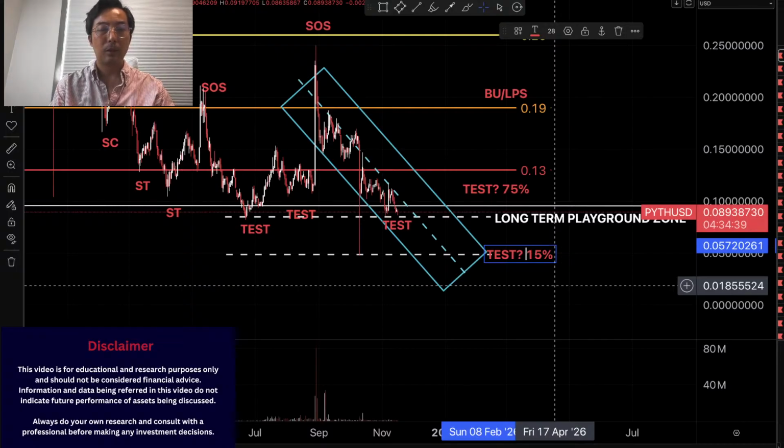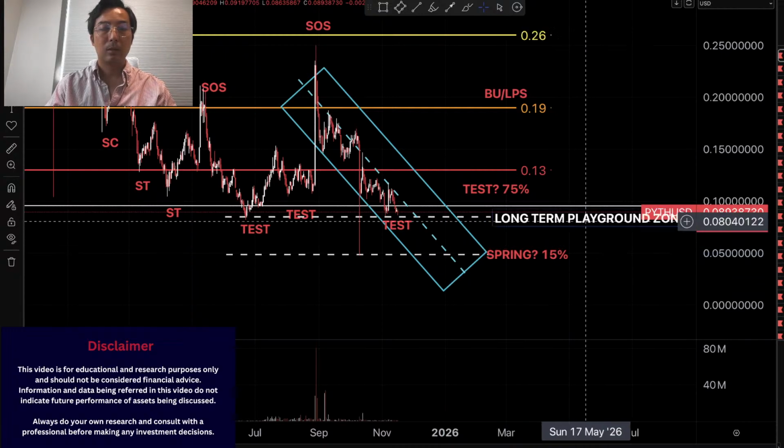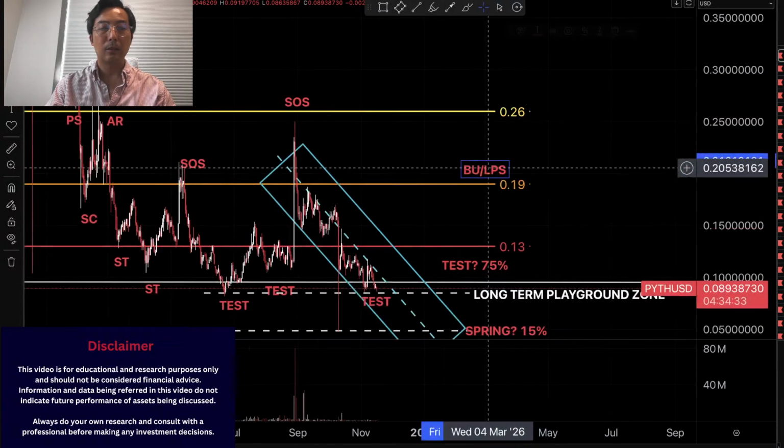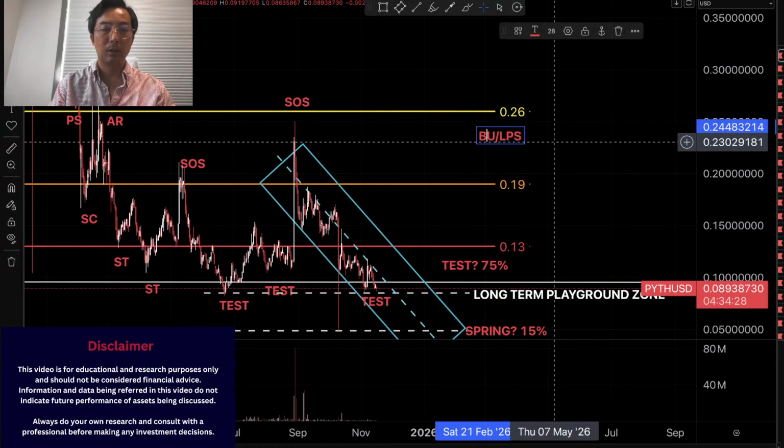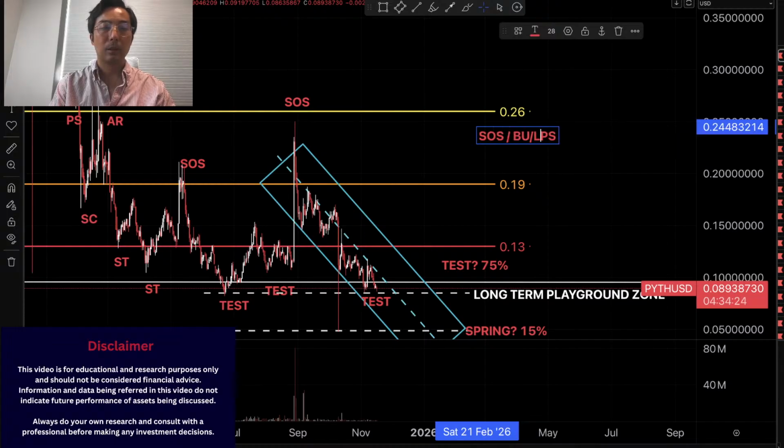I'll put a 15% chance over here. And the next sign of strength, not immediately backable last point of support, but they can go in tandem, one immediately after another. That will be 10% for now.